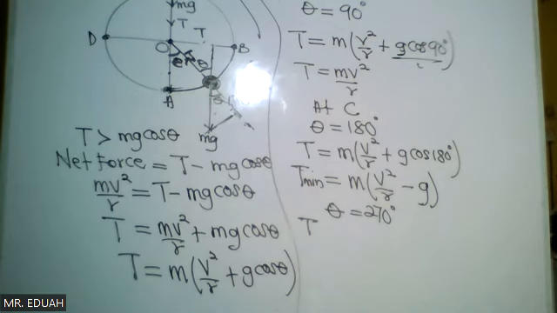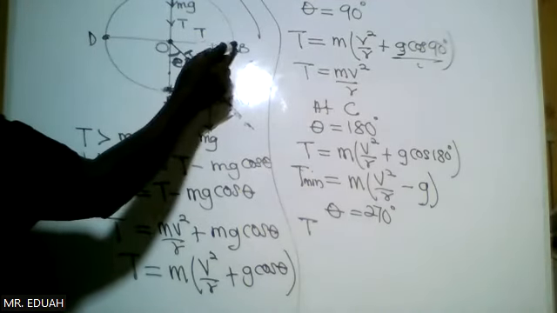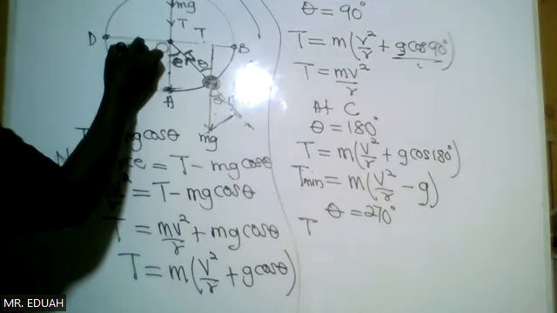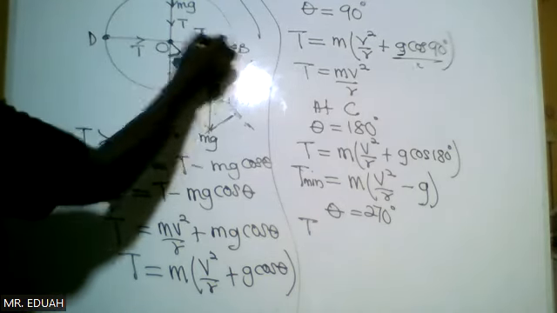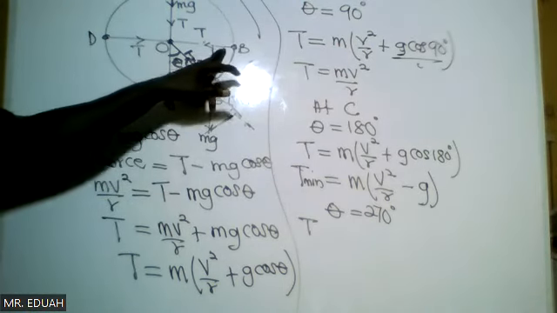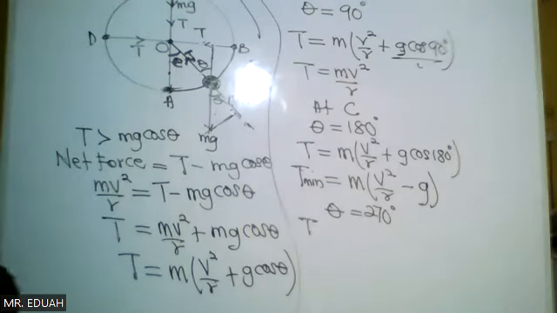What did you get for the tension there? Mr. Please, I got T is equal to mv squared on R. So it means that once it is at the same level as B, there will be the same tension, okay, acting at both ends. So the tension at B will be equal to the tension at D because they are at the same level.